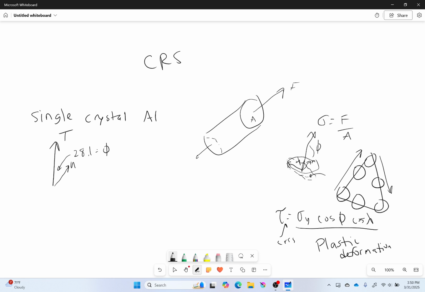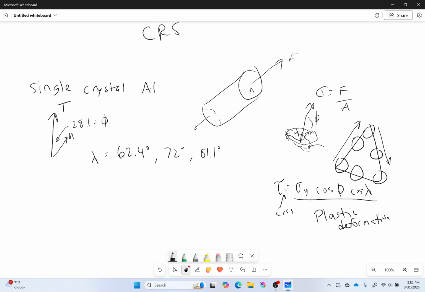Then it says that there are three possible slip directions. It's asking which of those directions is most favored, and when plastic deformation would begin. So our three likely candidates for lambda are 62.4 degrees, 72 degrees, and 81.1 degrees. Which of these directions is it most likely going to slip along?